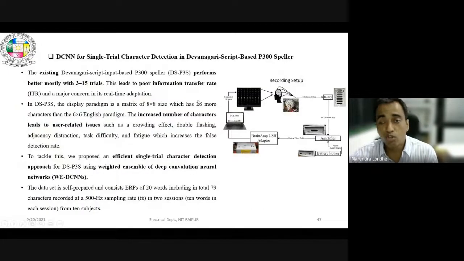And we are also doing one more thing. This is the first time somebody has developed a P300 speller based communication system. We have developed one communication system for patients who are suffering from neuromuscular disorders. With this communication system, the patients can communicate to their doctors, their family, their caregivers, and even though they do not have any neuromuscular ability, they can perform their task by just thinking, just by giving signals from the brain.